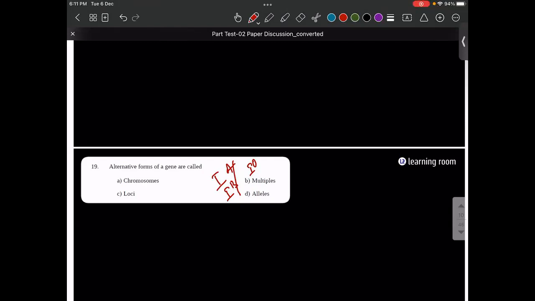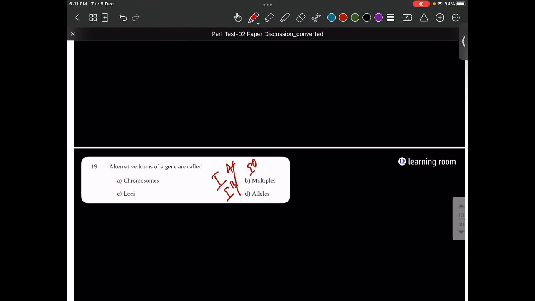Example for alleles. Can someone tell me an example for alleles? Hello, students. Sir, you mean like the name of the allele or the character?